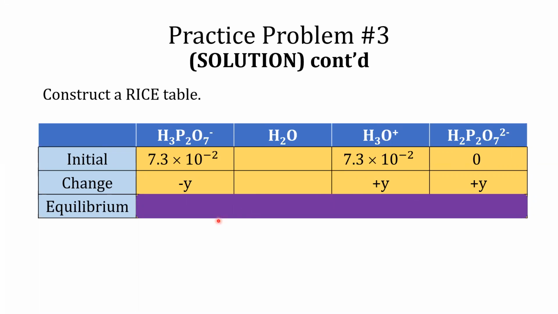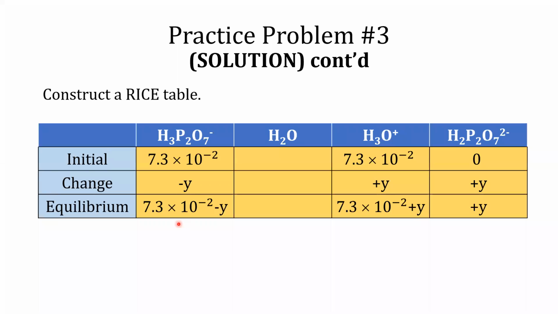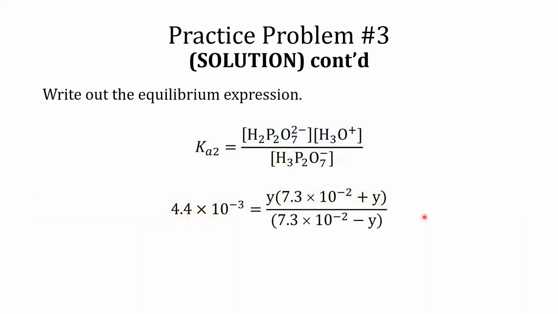The equilibrium concentrations are as follows. For trihydrogen diphosphate ion, it is 7.3 times 10 to the minus 2 minus Y. For hydronium ion, it is 7.3 times 10 to the minus 2 plus Y. And for dihydrogen diphosphate ion, it is plus Y. Now, like before, one writes the Ka equilibrium expression for the second ionization process, where Ka2 equals the concentration of dihydrogen diphosphate ion times hydronium ion, divided by the concentration of trihydrogen diphosphate ion.